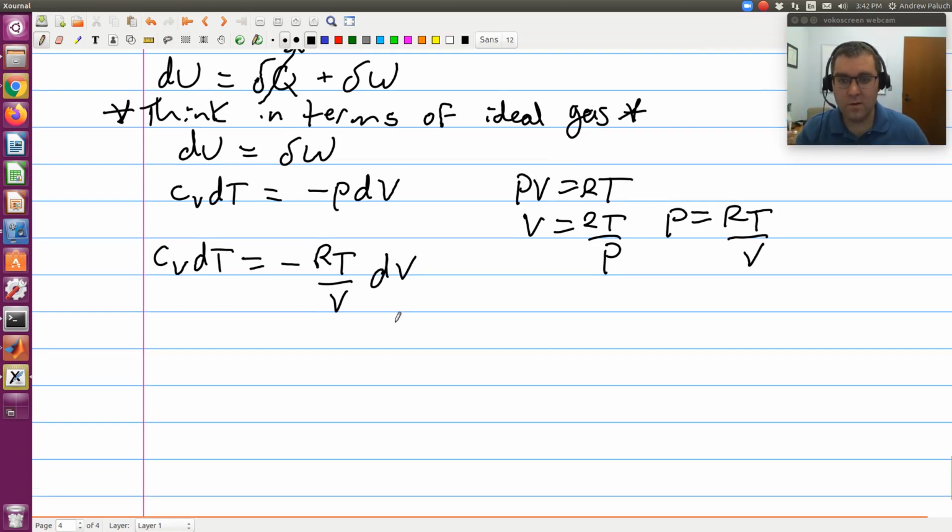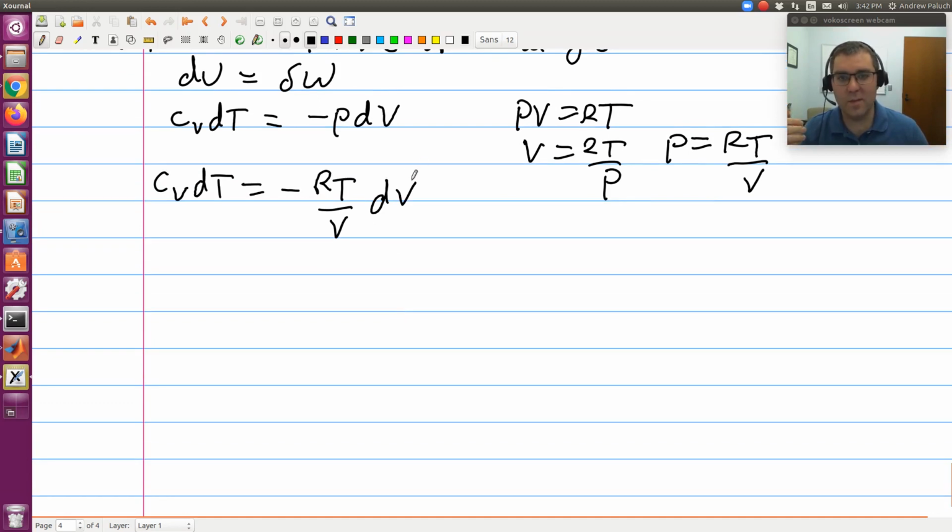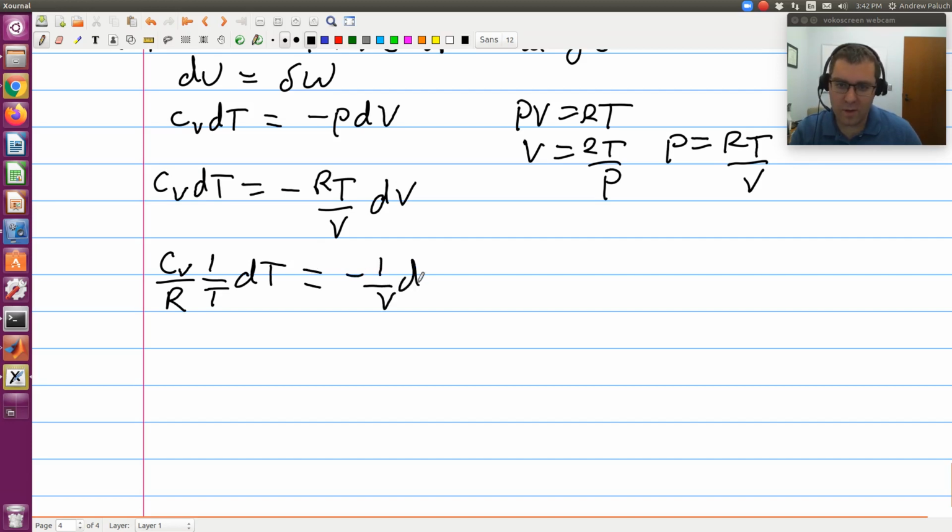So the subtlety is, keeping this in my differential form of the first law balance, I'm going to divide through by RT, just because Cv and R have the same units, so I can make things dimensionless. So I rewrite this as Cv over R times dT over T is equal to negative 1 over V dV.